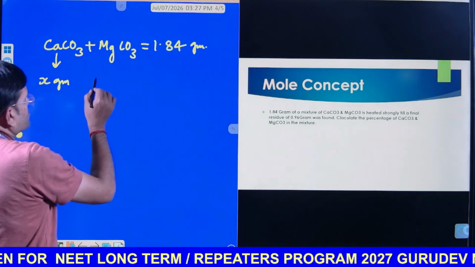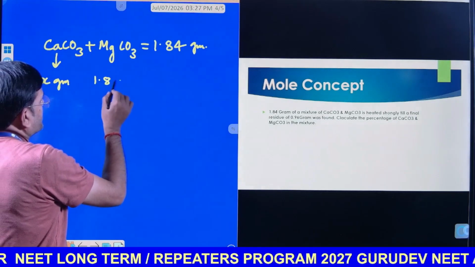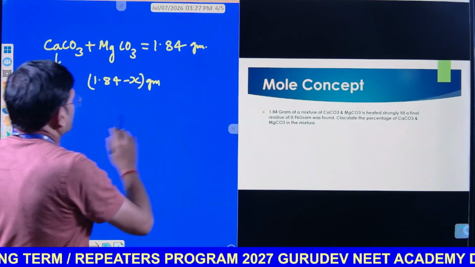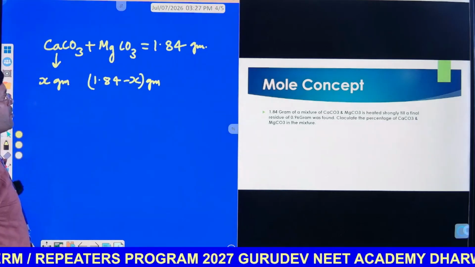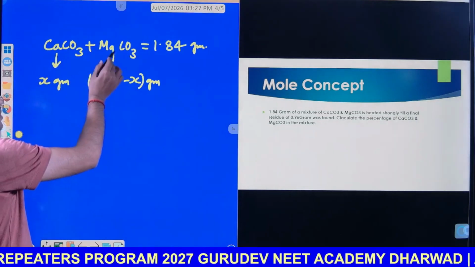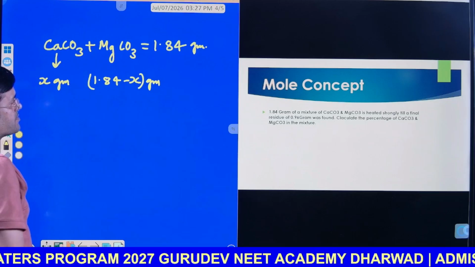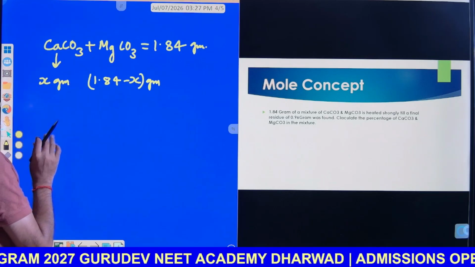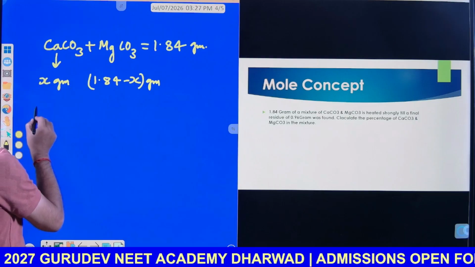So what about this one? 1.84 minus x gram. If the sum of these two is 1.84 gram and this is x, then this is 1.84 minus x gram. Now we have to write the equation when these two are heated separately.